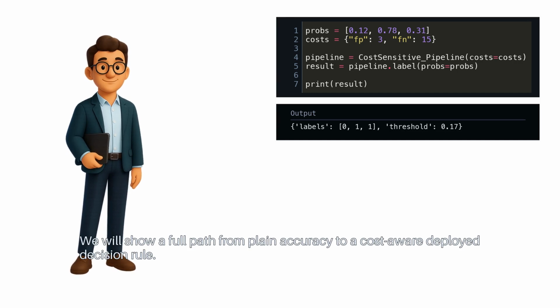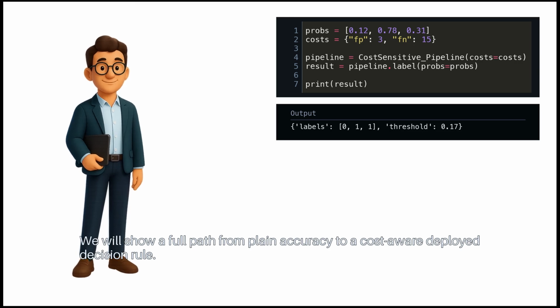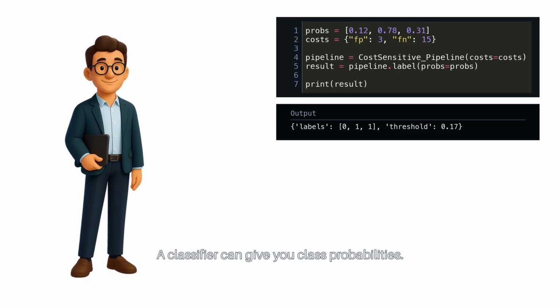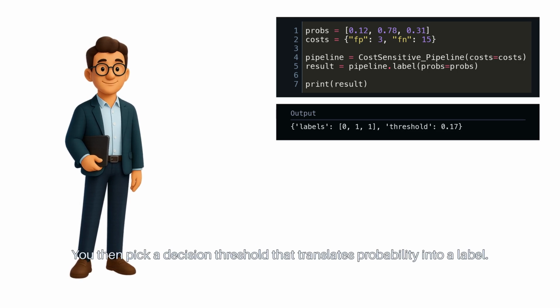We will show a full path from plain accuracy to a cost-aware, deployed decision rule. At an intuitive level, the idea is simple. A classifier can give you class probabilities. You then pick a decision threshold that translates probability into a label.